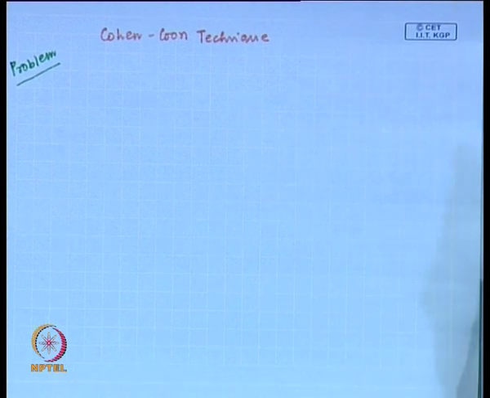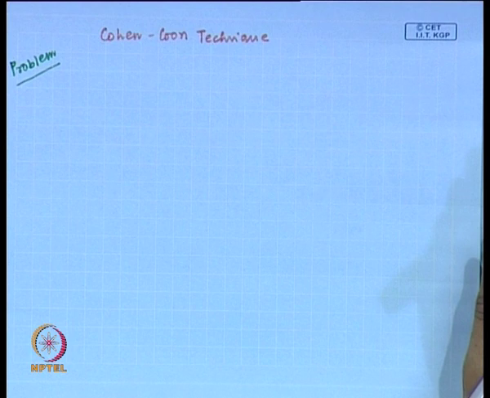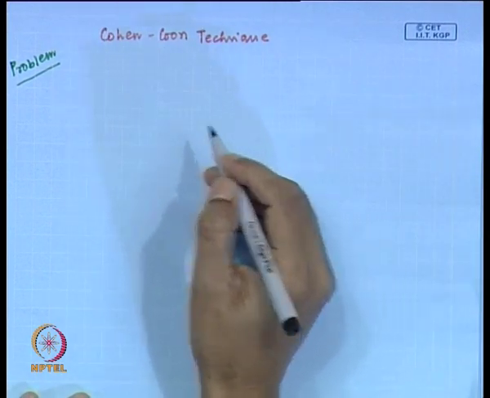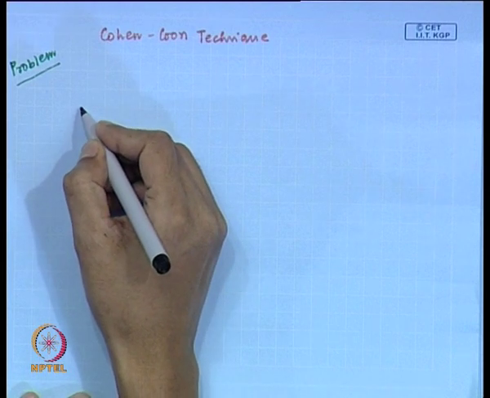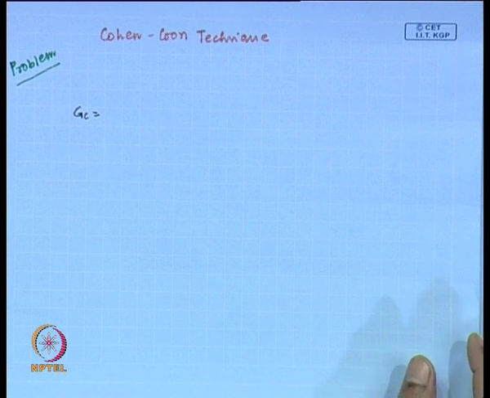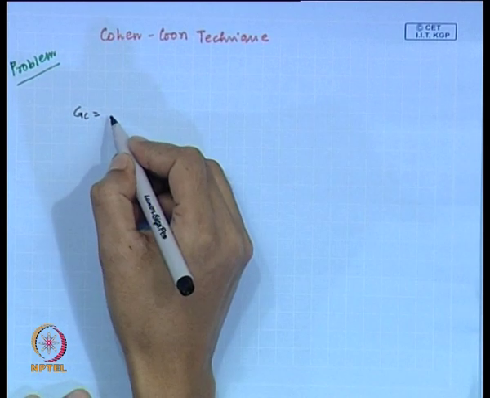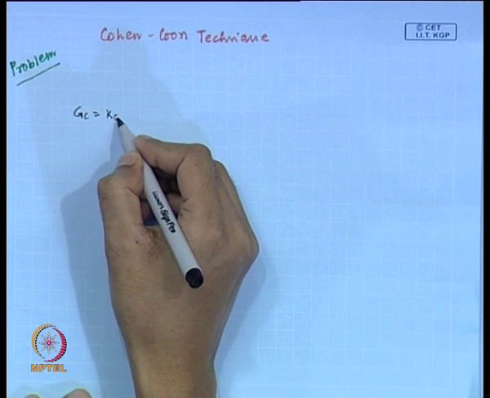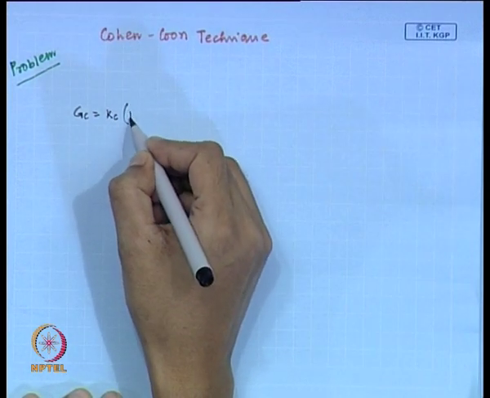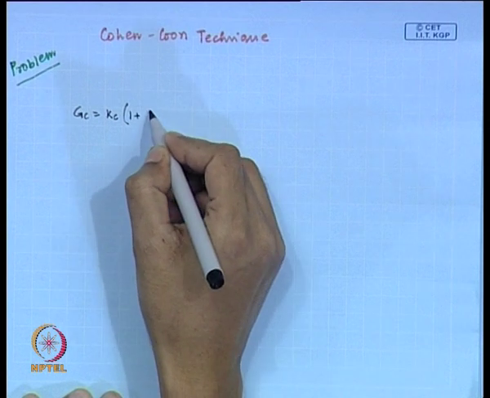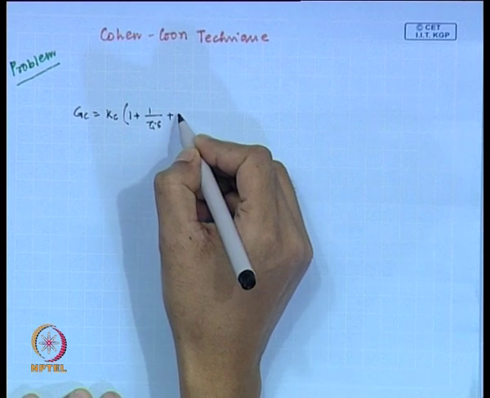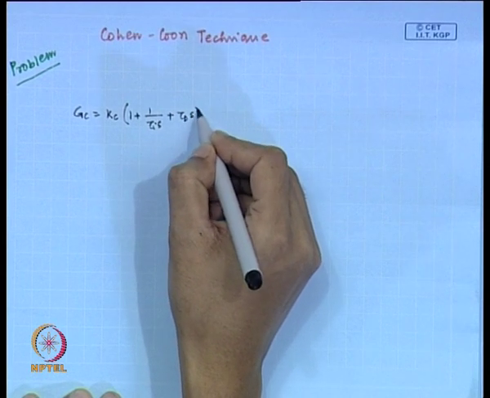The closed loop block diagram is given with the transfer function of the controller as Gc equals Kc times 1 plus 1 divided by tau I s plus tau D s.